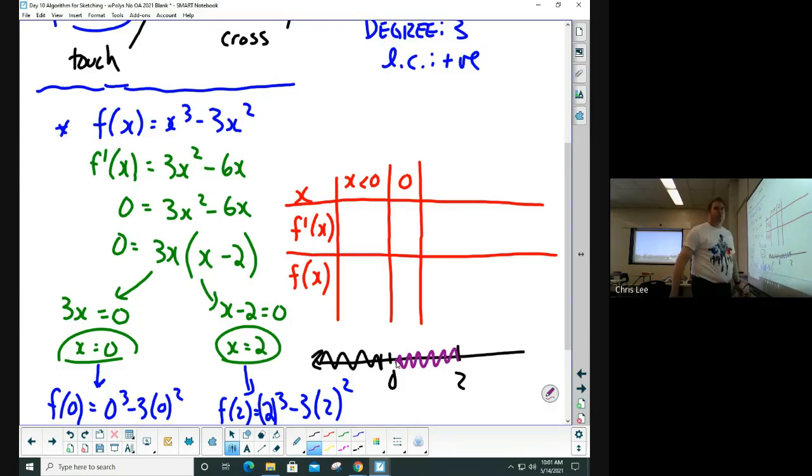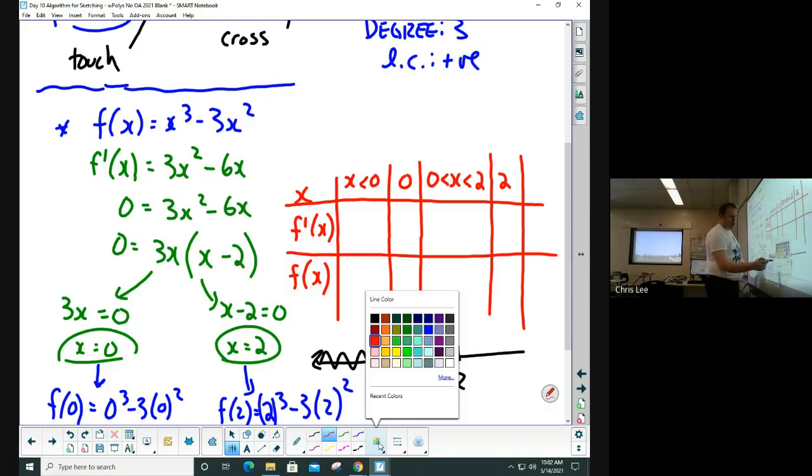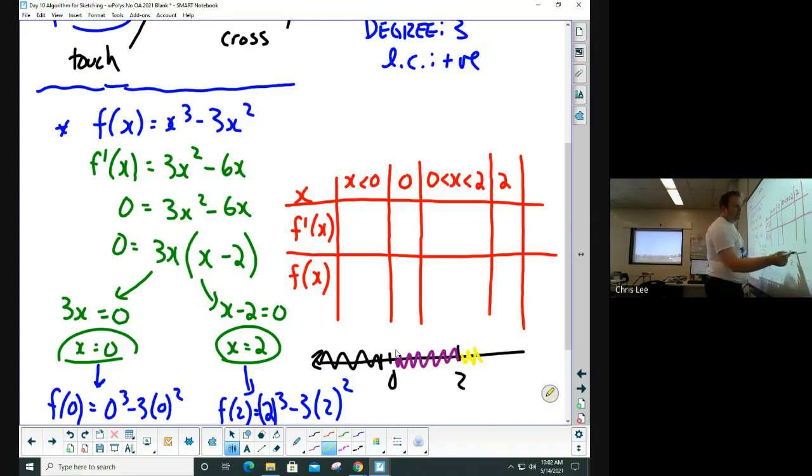What's happening in between the two critical points? So between 0 and 2, 0 less than x and x less than 2. And then the last spot is at the end, everything bigger than 2. x is greater than 2.